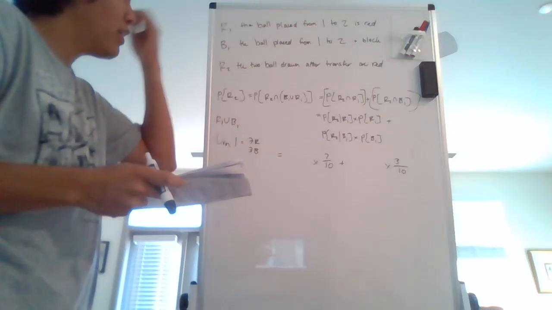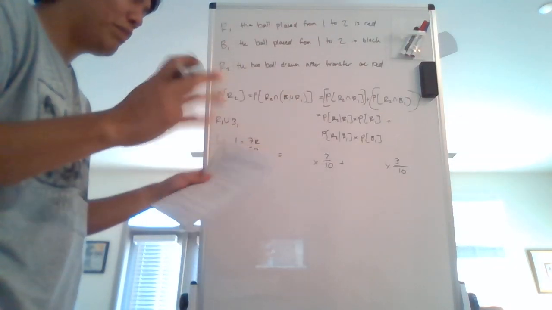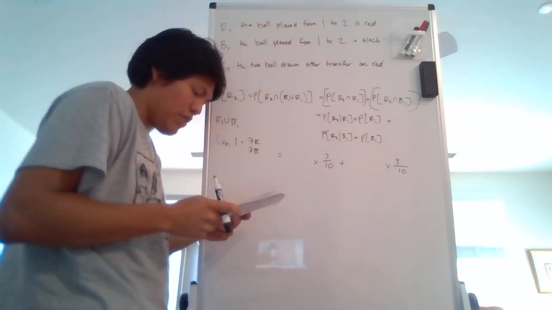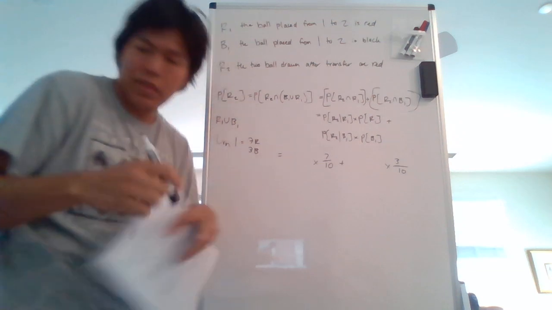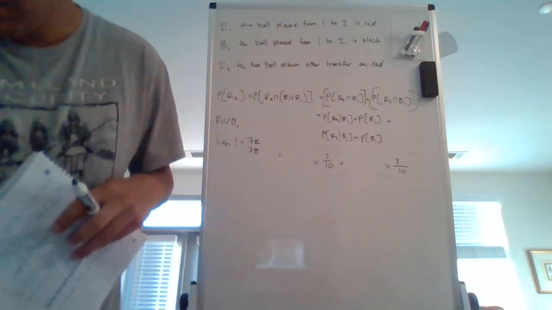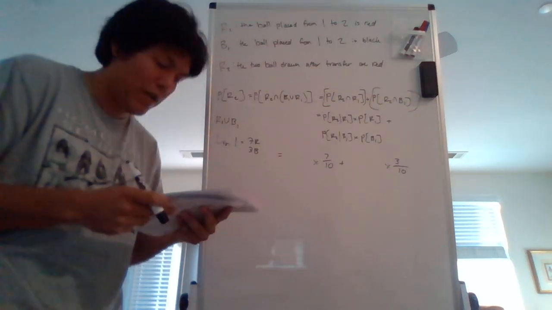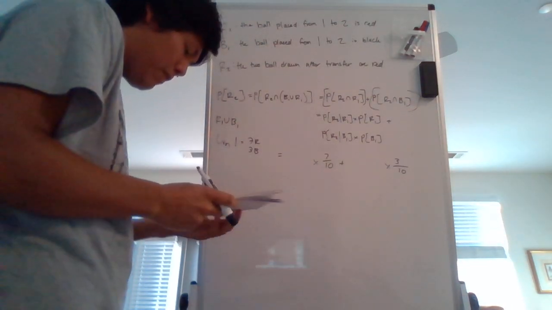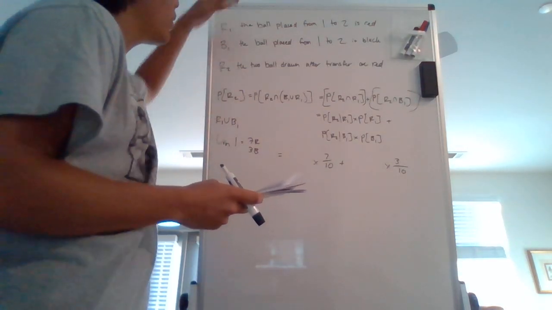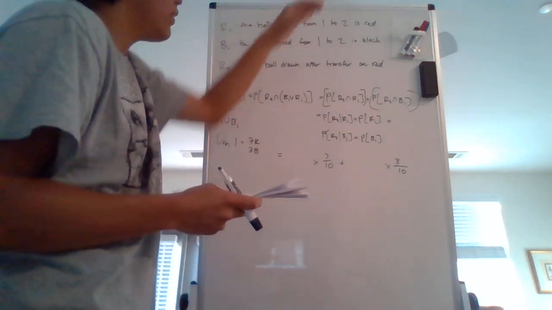Now for these conditional probabilities, we'll see. We're given that a ball placed from 1 to 2 is red.